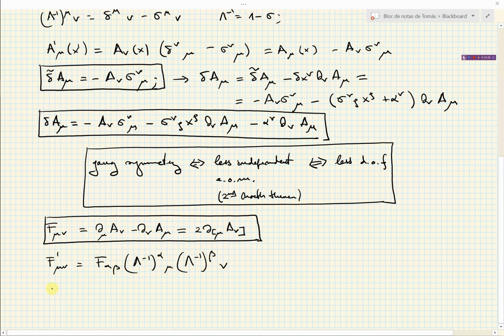And if we compute this total infinitesimal transformation, we find that this is minus F mu rho sigma rho nu minus F rho nu sigma rho mu. Okay. Now, in order to use this notation that we have introduced, we can write this as minus 2 F mu rho sigma rho mu.